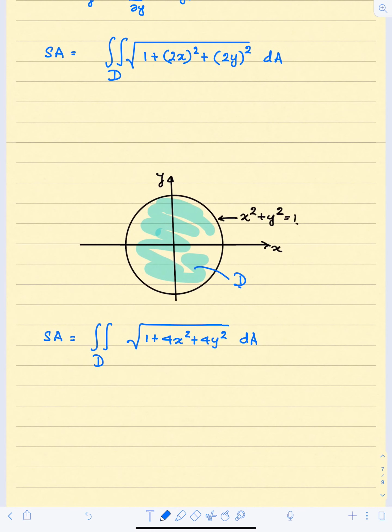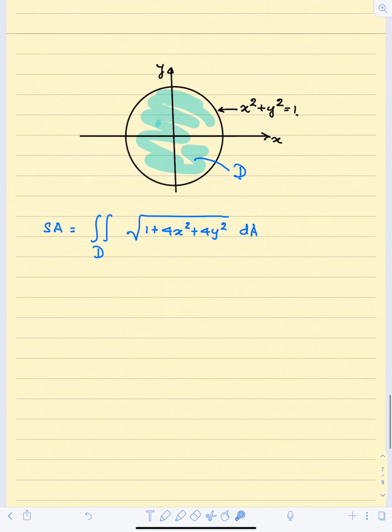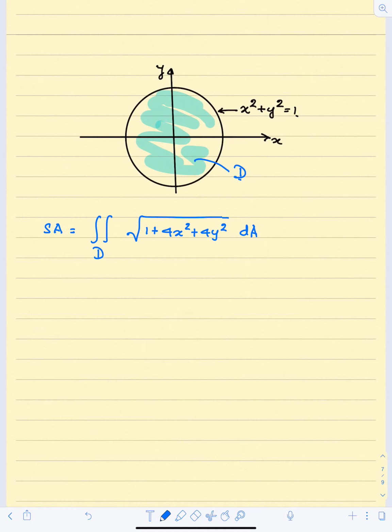Your domain is a circle, and here you have 4x squared plus 4y squared. These two are hints to use polar coordinates. So let's use polar coordinates to solve the integral.